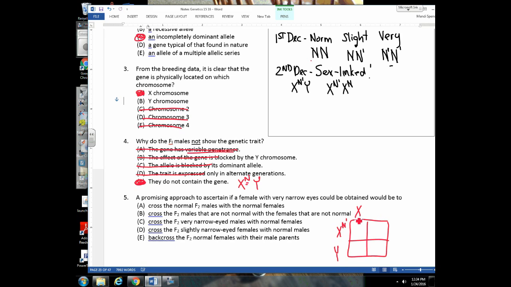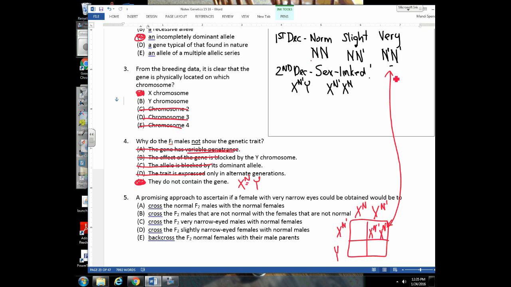So all we can cross with this male is a female that has those slightly narrowed eyes. So then we can bring them down, take them across, and you can see I'm going to get her right there. This would be a female that fits that genotype, has very narrow eyes.